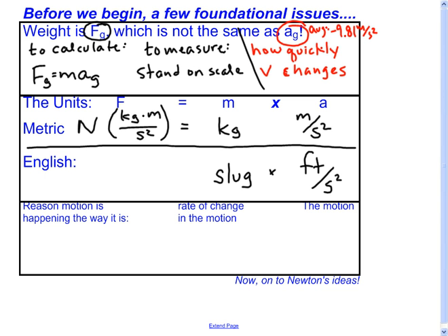Now, if the Newton is a kilogram meter per second squared, then the unit of force in English must be what? Well, it is the pound, but what is that really? It's enough force to accelerate a slug of mass to a foot per second of speed in 1 second.